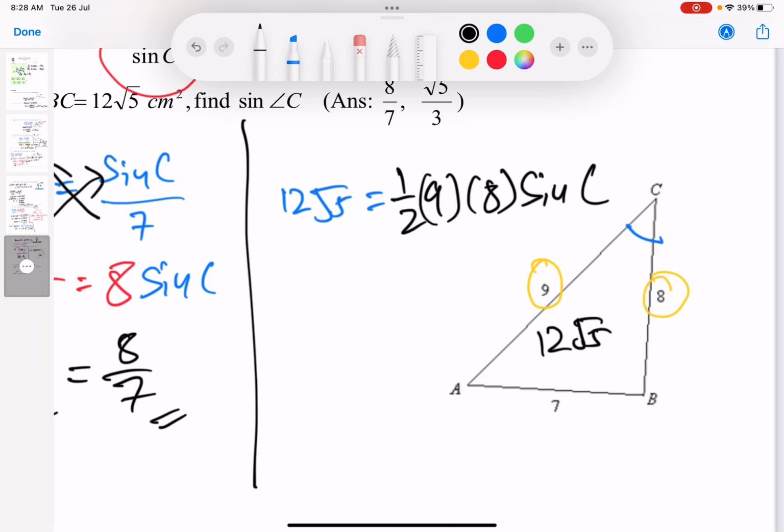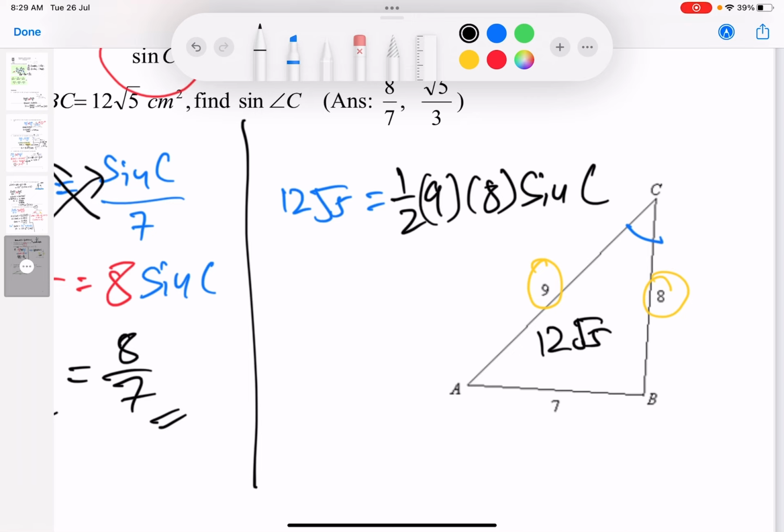Because the formula tells us the area of the triangle is half AB sine C. So since we know that this sine C is over here, and this A and B must help it to form the included angle, so we must use this 9 and we must use this 8. So with this, can you find out what sine C is?